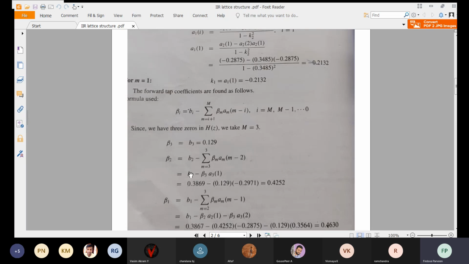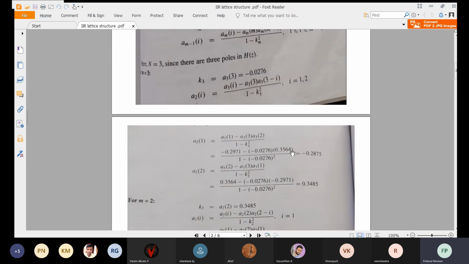So that is nothing but B2 minus beta 3 into A3 of 1, since it is 3 minus 2, it is 1. Now substitute for B2, for beta 3, and A3 of 1 we know. Substitute and calculate this one.